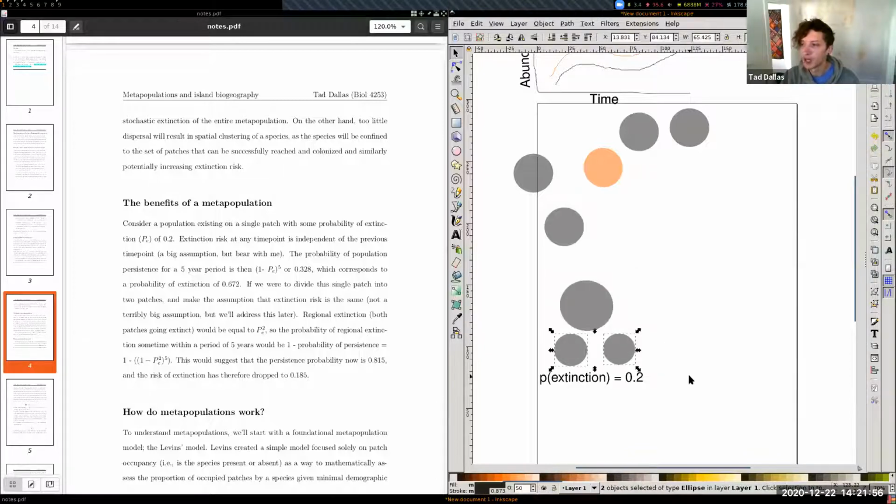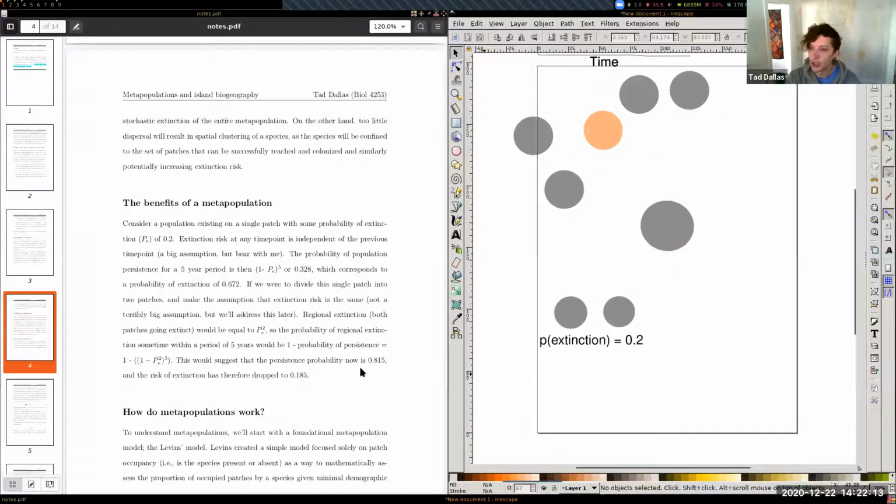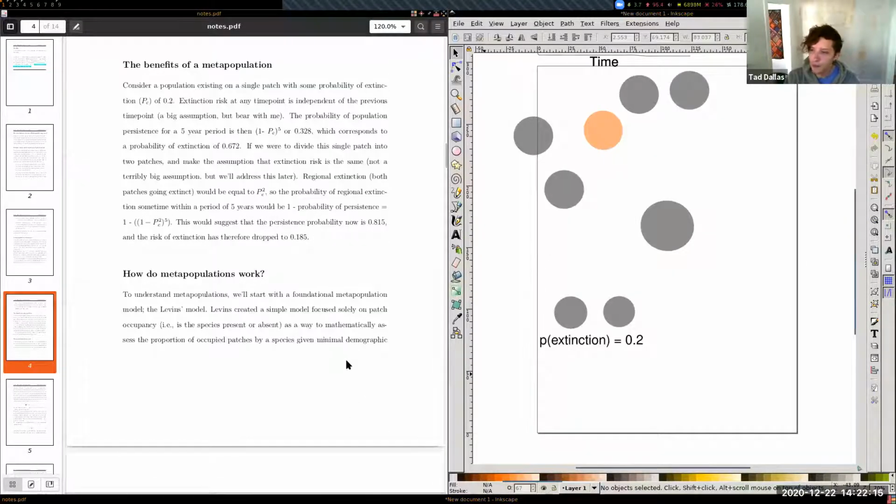And I'm assuming that when I divide it in half, it maintains that same probability of extinction, which maybe is an oversimplification, but if we're willing to accept that premise, it's a way to buffer against metapopulation level extinction. And so it can actually help persistence.